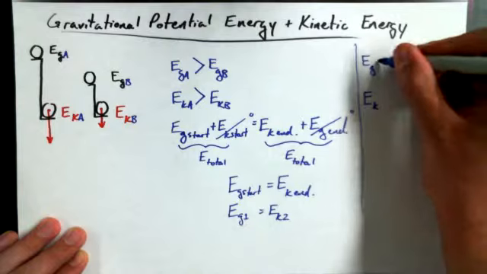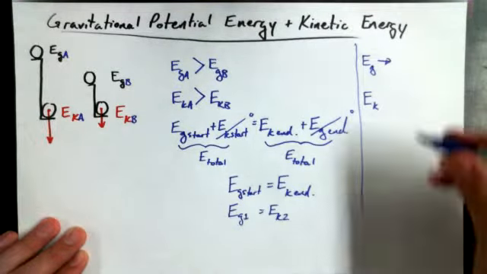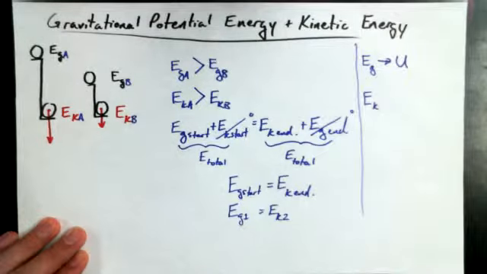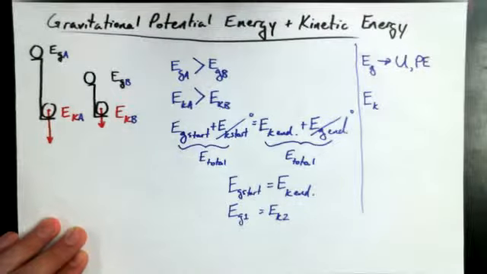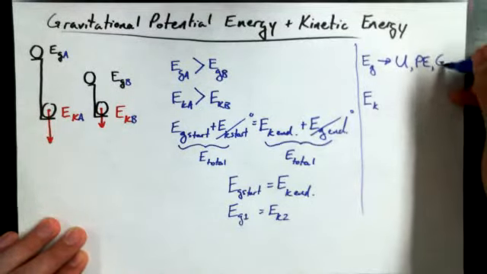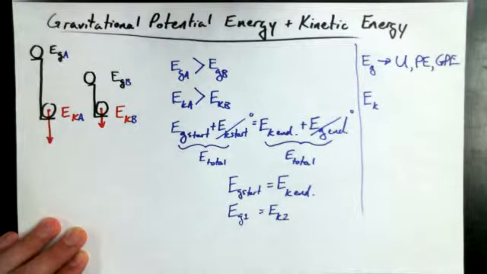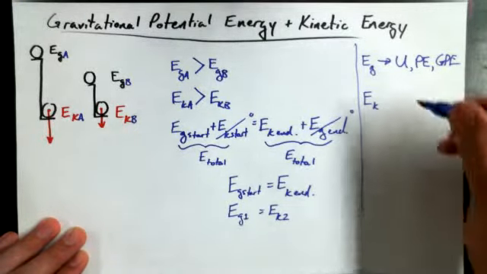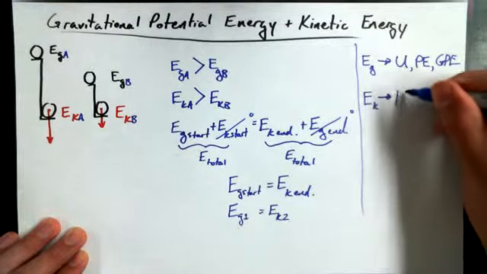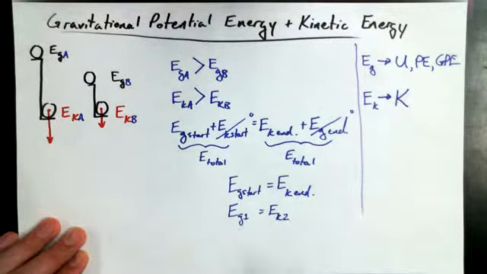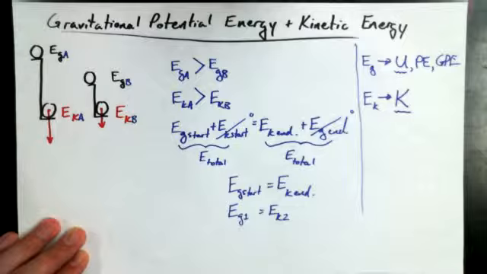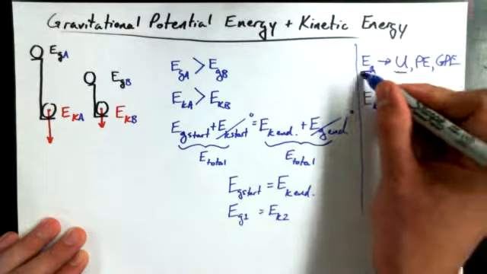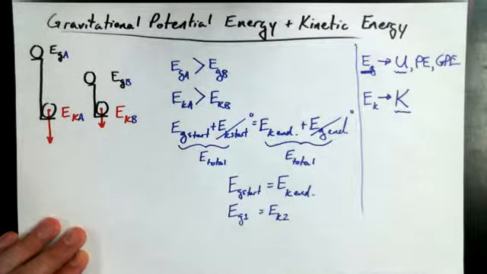Sometimes you'll see people using capital U for gravitational potential energy, sometimes PE for potential energy, and sometimes GPE for gravitational potential energy. For Ek, the same people that would use capital U would probably use capital K. These two are the most common ones that I see. But even U isn't totally expressive to us. So we're going to go with Eg, because that's what our textbook uses, and the subscript is fairly expressive.